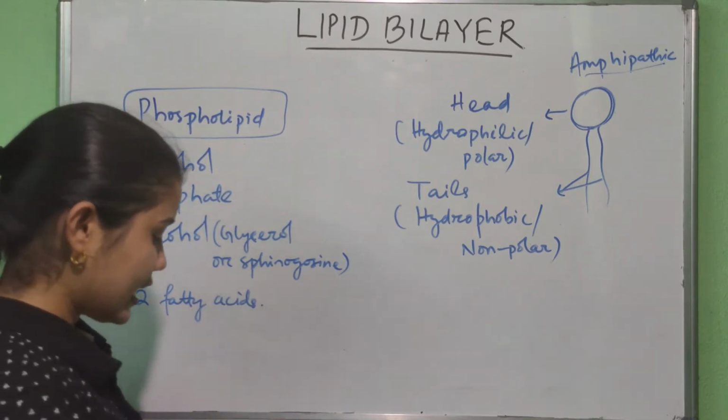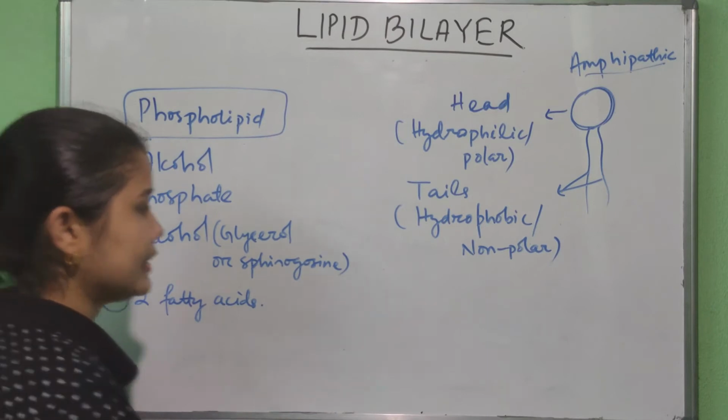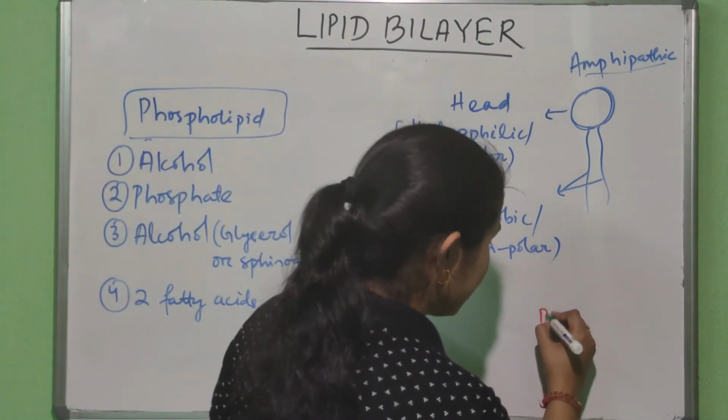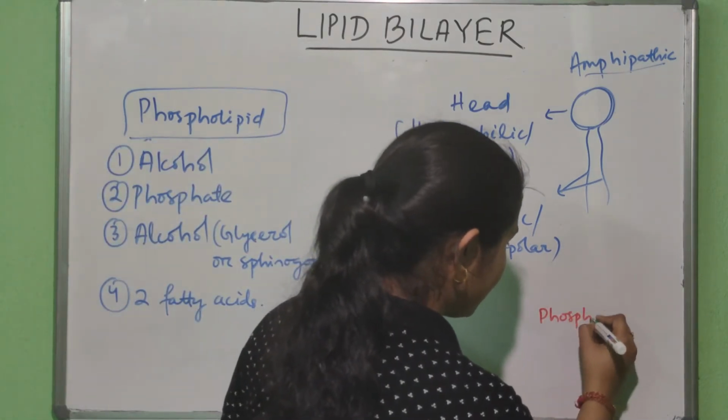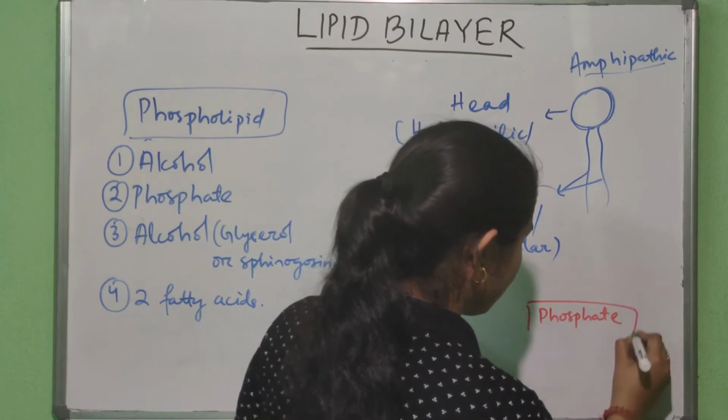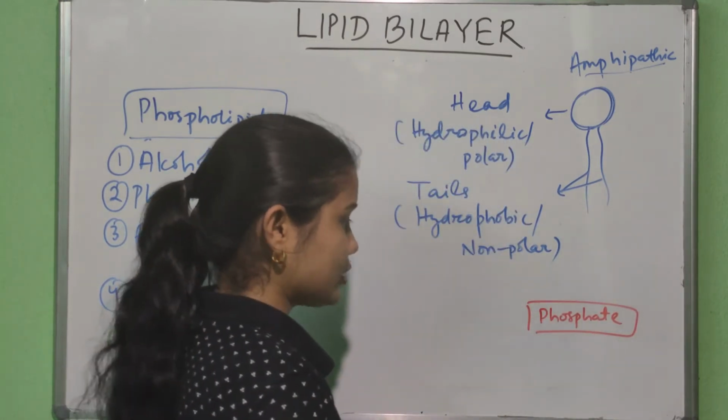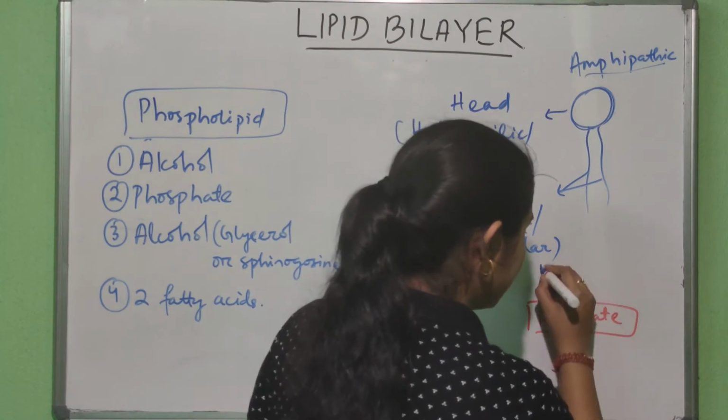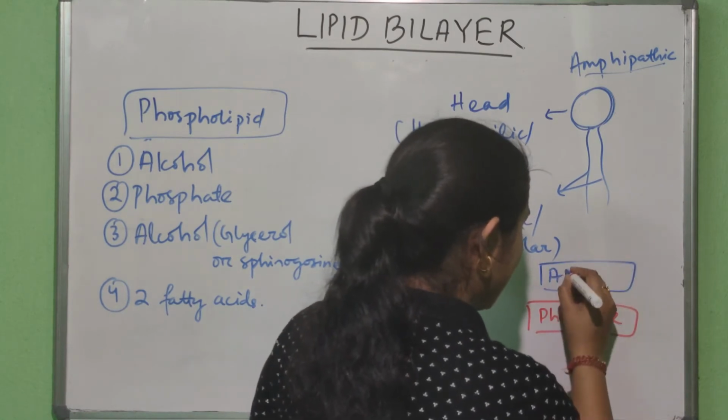If we consider the arrangement, there is a phosphate group, and attached to the phosphate group on either side is an alcohol.